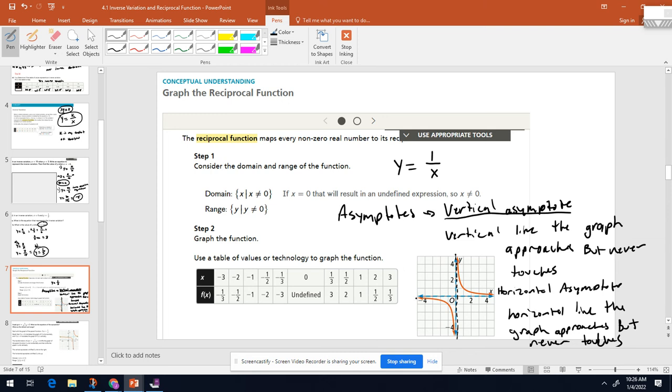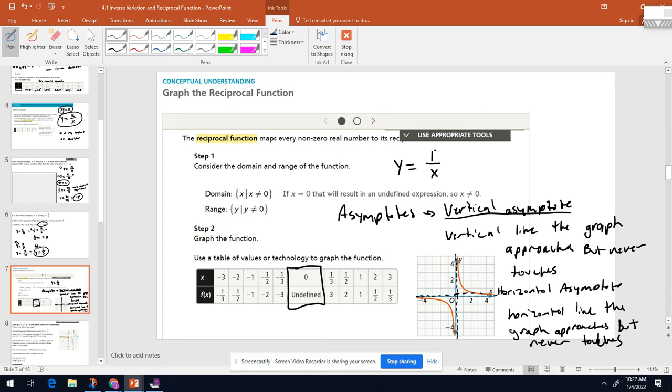So why is there a horizontal asymptote for this graph? Think about it: I'm never going to get the value of 0 here. No matter what number I plug in for x, it won't ever equal 0. So there are two really important lines here, a vertical asymptote and a horizontal asymptote. The domain is all real numbers such that x can't equal 0, and the range is all real numbers such that y can't equal 0, because of this fact. When I plug in 0, it doesn't work.